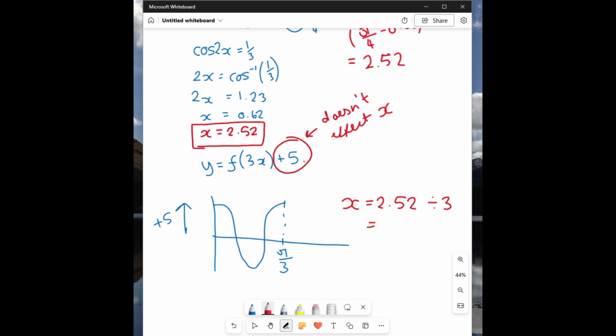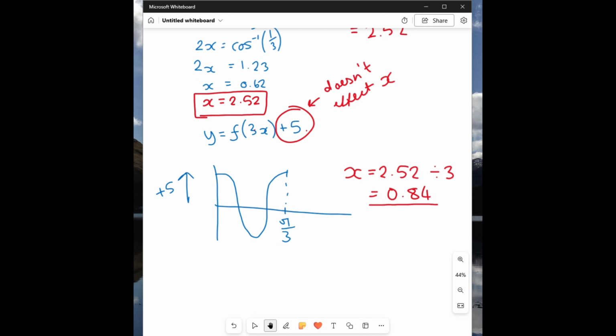We now have 3 cos waves in the space of 1. So that gives me an x value of 0.84. So that will be the x coordinate of the maximum of y is equal to f of 3x plus 5.